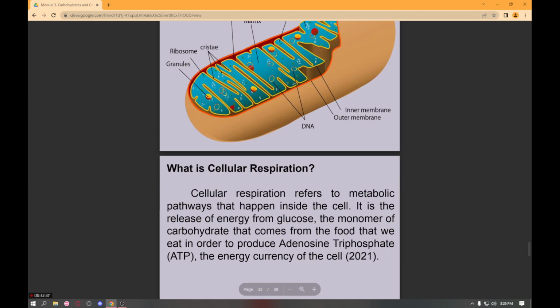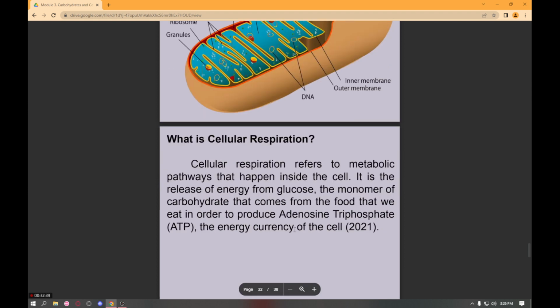What is cellular respiration? When you say cellular respiration, class, it refers to the metabolic pathways that happen inside the cell. Your cellular respiration does not happen outside of the cell, but inside of the cell.